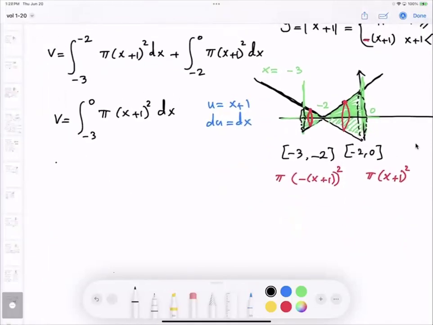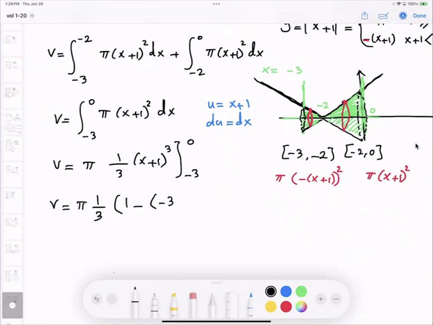Okay. So V is equal to pi over 3 times (x plus 1) to the third, from negative 3 to 0. So the volume is pi over 3. If you plug in 0, you get 1, minus, if you plug in negative 3, you get (negative 3 plus 1) to the second, let me make sure I have calculated everything correctly for you.